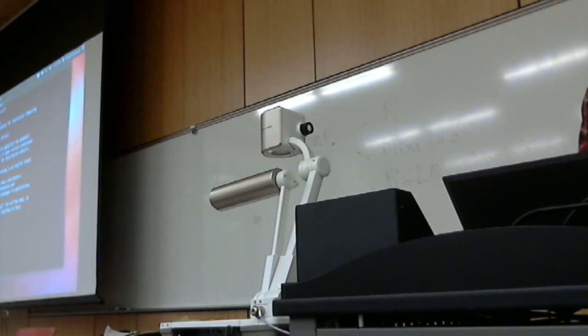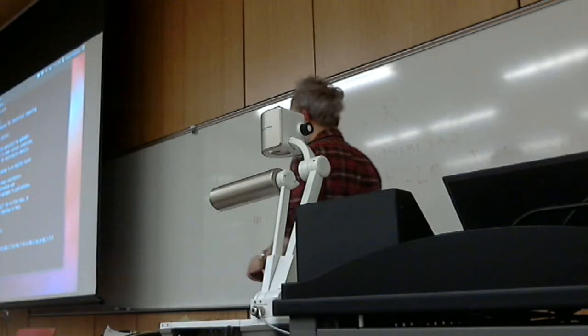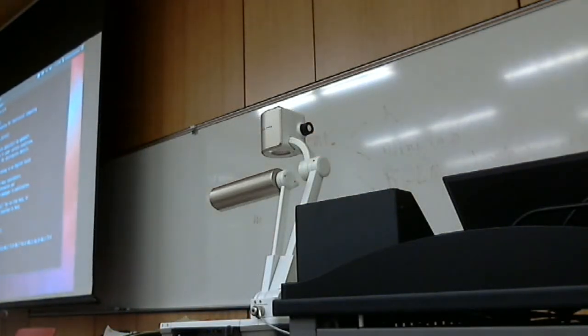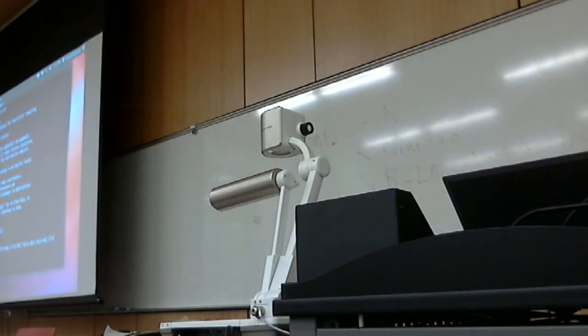See, this is the left side. I know what generated this data.